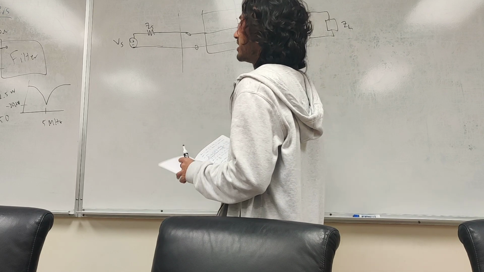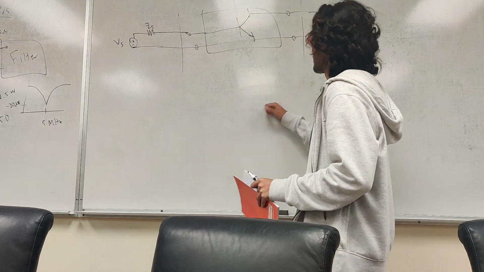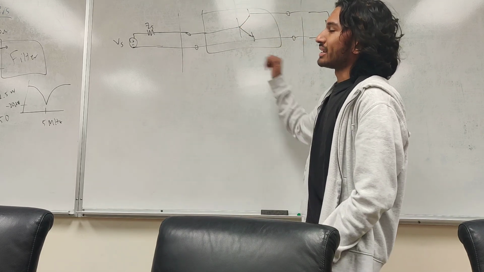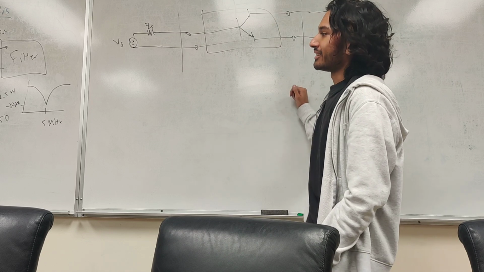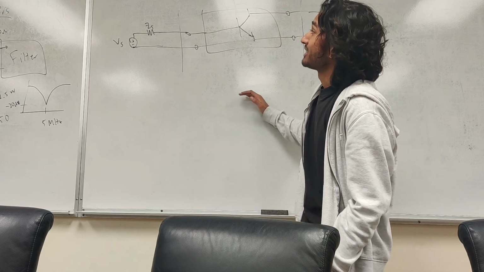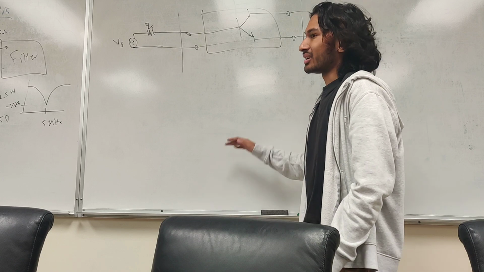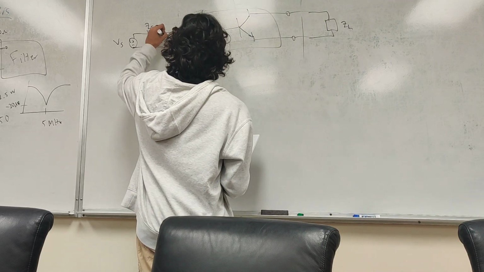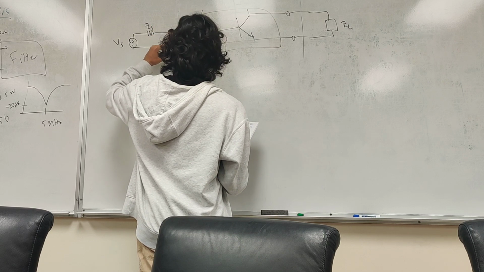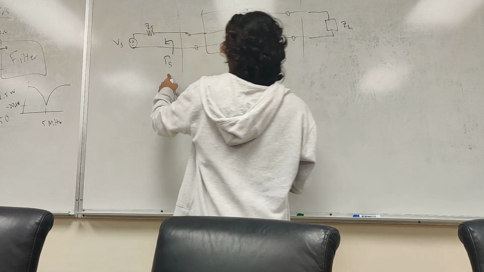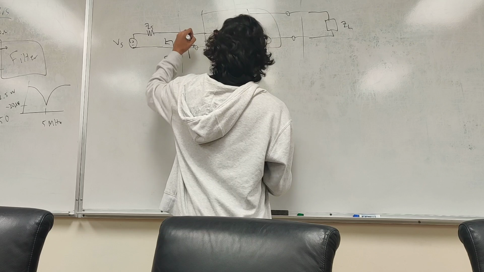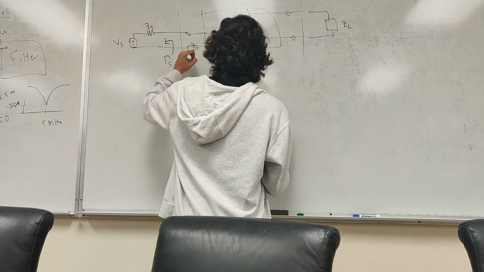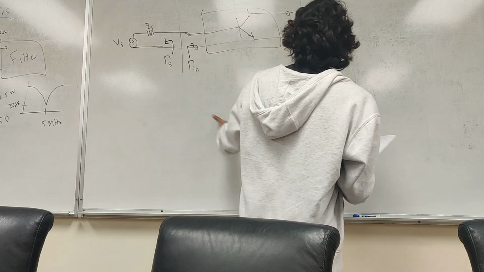But for now, what we're going to do is try and model a transistor with S parameters. And that'll be hopefully made clear 20 minutes from now as to why we do that. So, this is going to be our source reflection coefficient. This is going to be our gamma in.